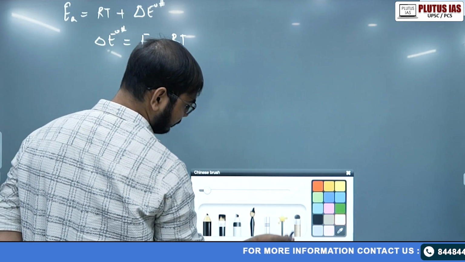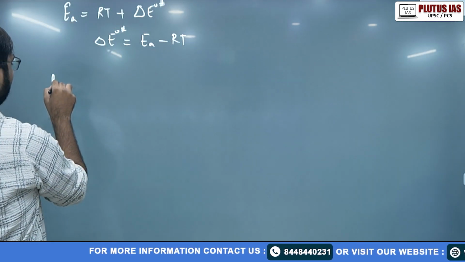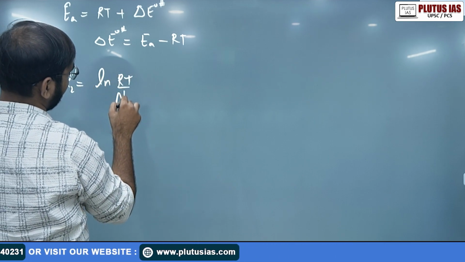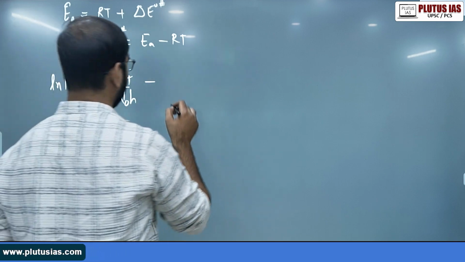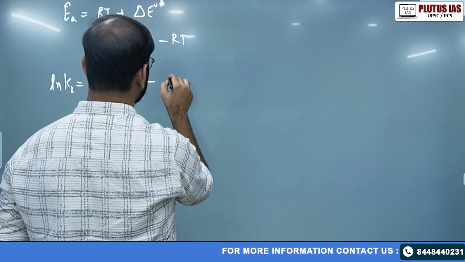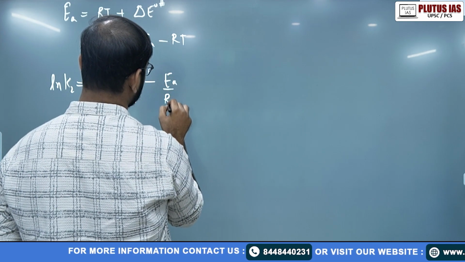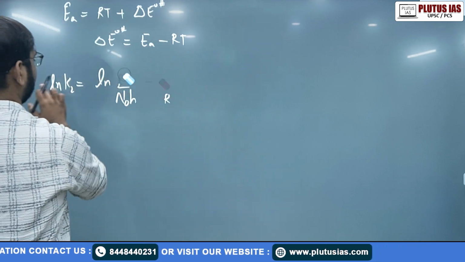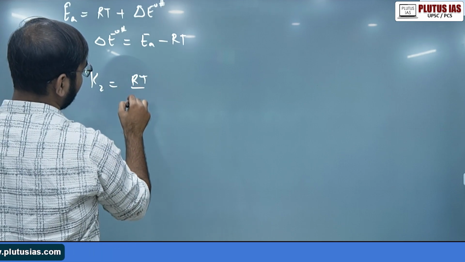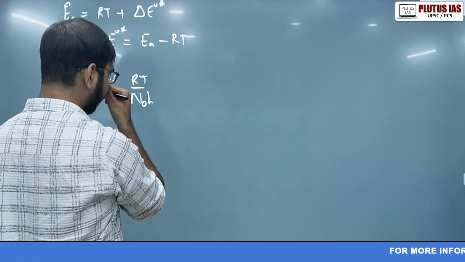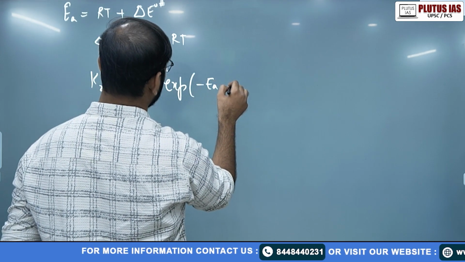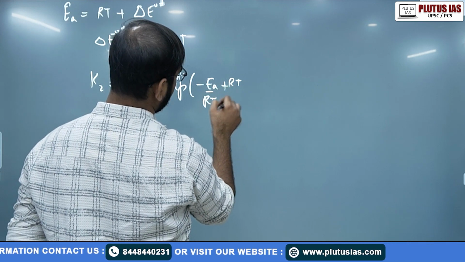So now we have the value. Using this, the equation of ln K2 will become ln RT by N naught H plus exponential of minus EA. Instead of that, let's directly put it. The value of K2 will become RT N naught H multiplied with exponential of minus EA, it will be plus RT.